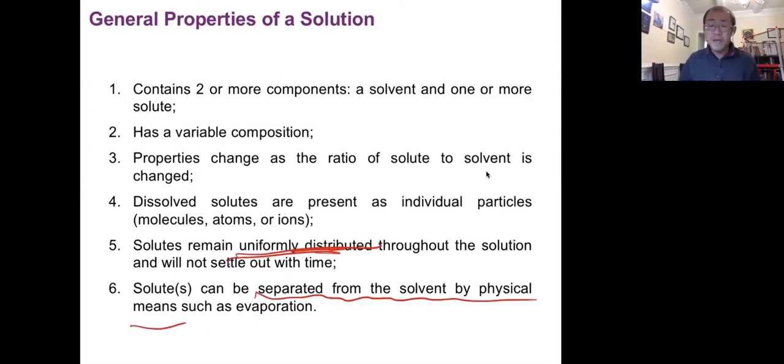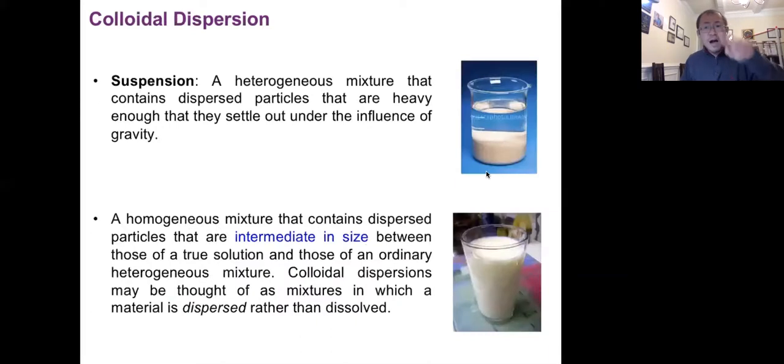To give you a better picture, there are 2 other types of mixtures for you to compare. One type is, like we said earlier, a heterogeneous mixture, and sometimes we call it a suspension. The difference between a suspension and a solution is that in a suspension, the particles are too big.